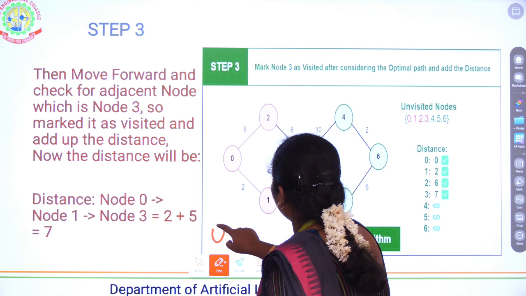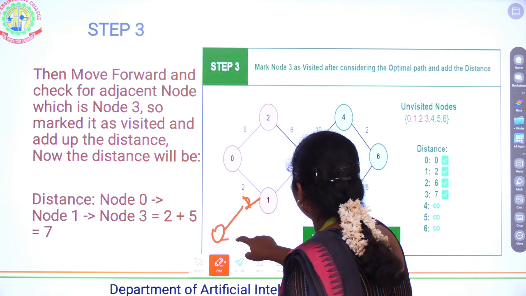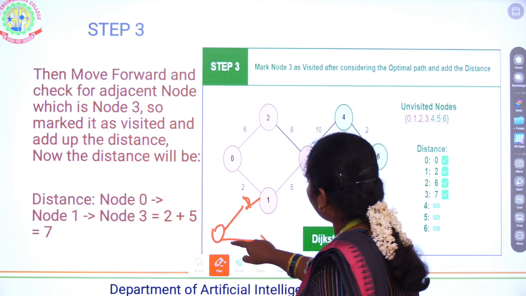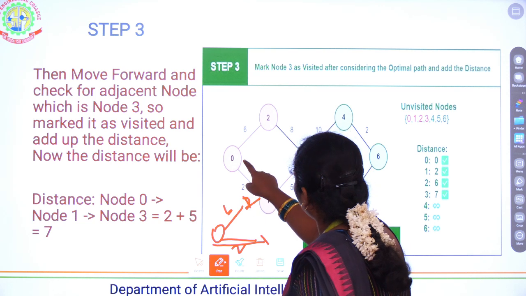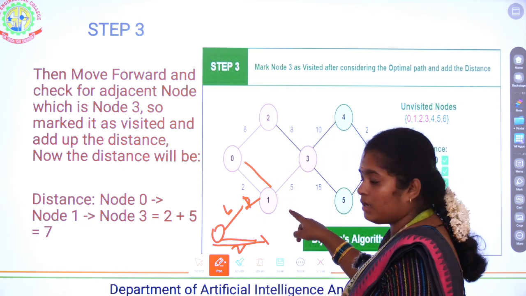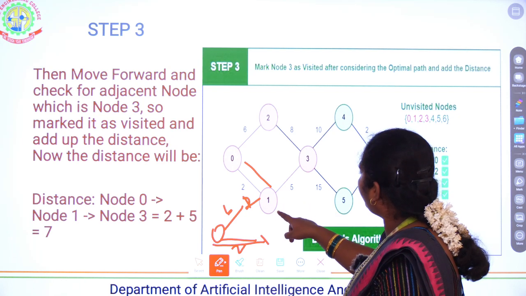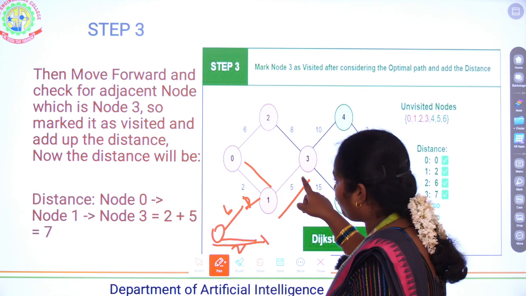Between 0 to 2 and 0 to 1, we have the shortest distances of 6 and 2. We selected 0 to 1 as the shortest distance, and the next visiting node is 1. Next from 1 we choose the connected node 3, which has a weight of 5.